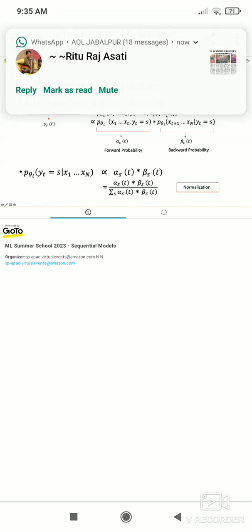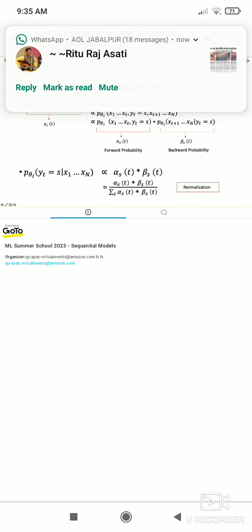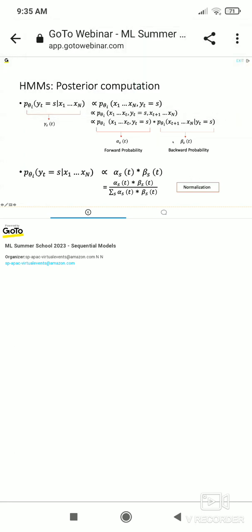The posterior p theta I of y being in the state s given the observation sequence is proportional to the joint distribution, and we can rearrange the terms here. Remember we defined alpha and beta parameters as forward and backward probabilities.